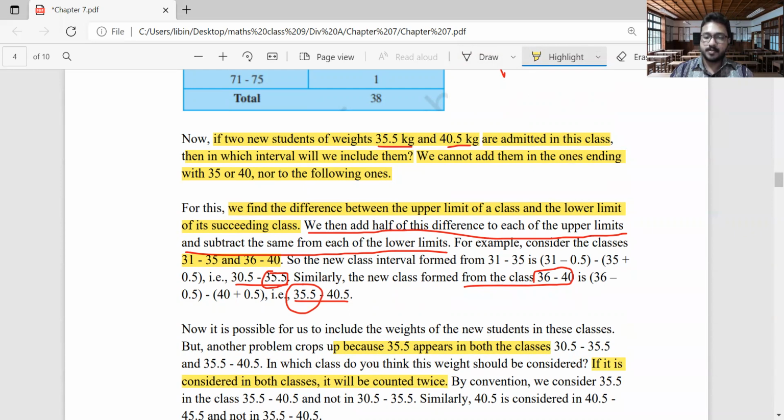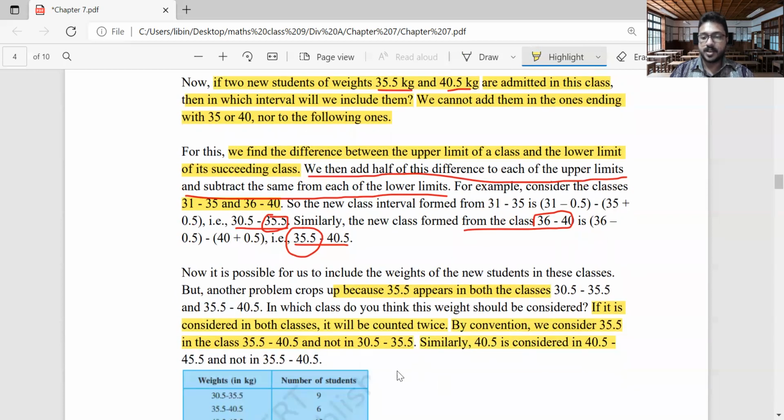By our convention, we consider 35.5 in the class 35.5 to 40.5 and not in the previous class. Similarly, 40.5 is considered in the class 40.5 to 45.5 and not in the lower class.